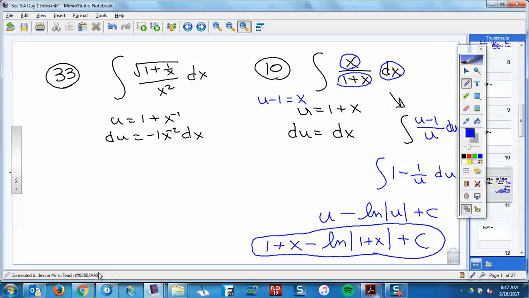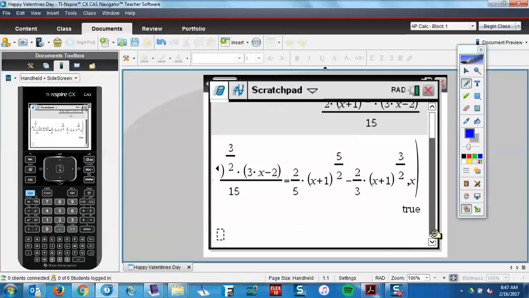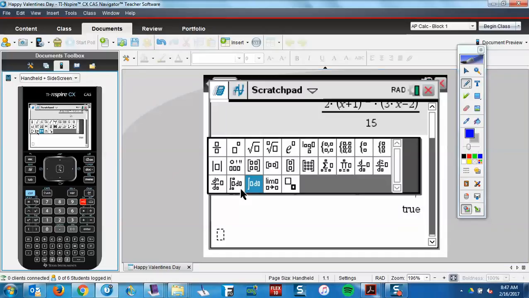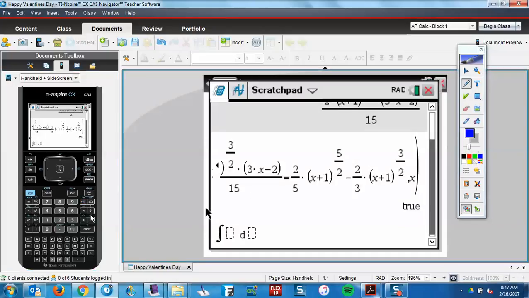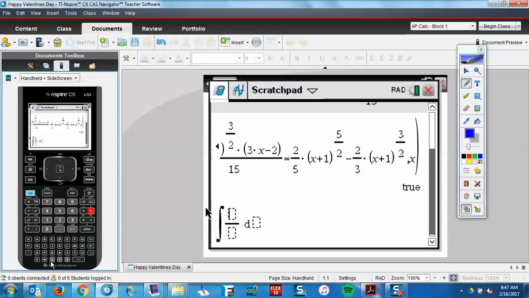Now watch this on my calculator. Let me do the integral. And I don't mind you using your calculator to check some of these. Okay, so what was the problem? It was x over 1 plus x dx.